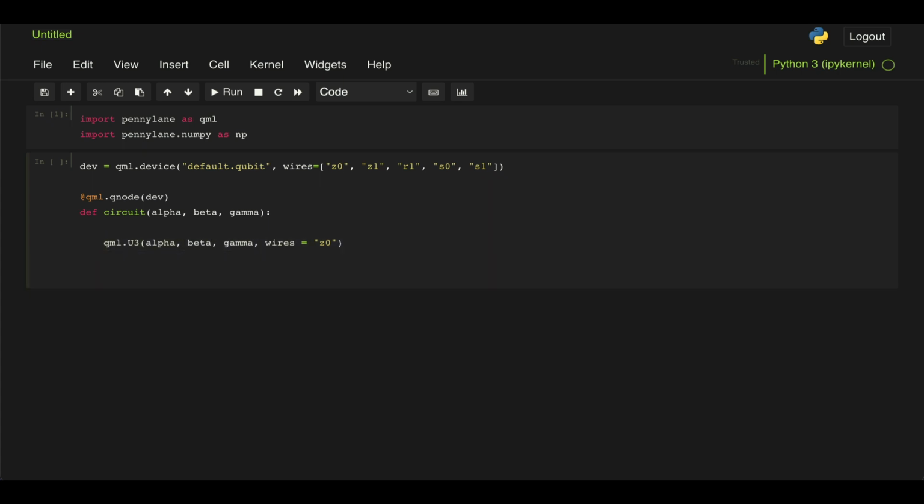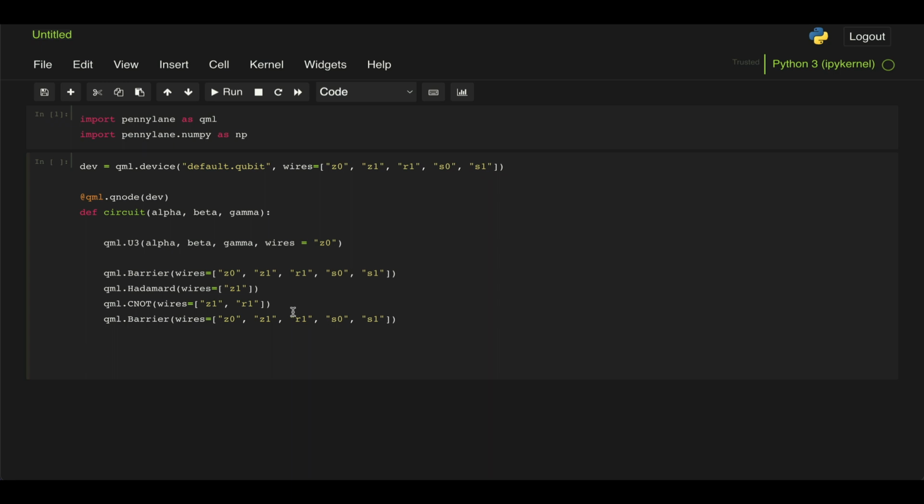Then we need to define the circuit that generates the Bell pair that Zenda and Reese share. That is basically a Hadamard gate followed by a CNOT gate. So Hadamard on qubit 1 that Zenda has, and a CNOT gate between qubit 1 from Zenda and Reese. Next, we're going to apply that CX gate and Hadamard gate on Zenda's qubits.